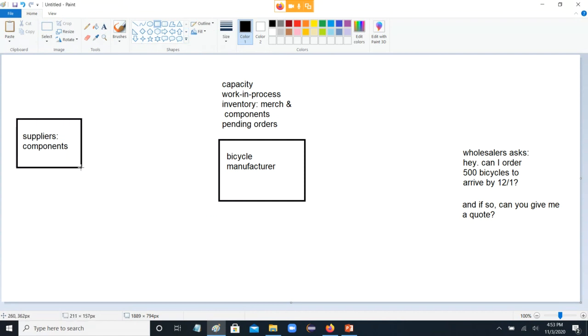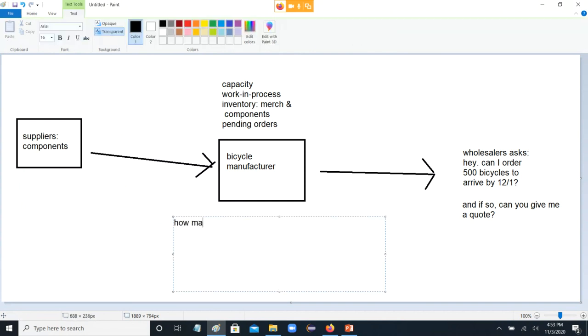So what the business is going to do to answer this question, draw the arrows. The business has to answer the question, how many bicycles do I have on hand now? What else? How many partially finished ones do I have?